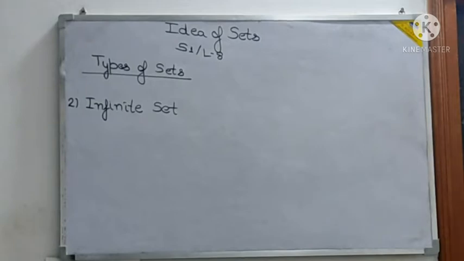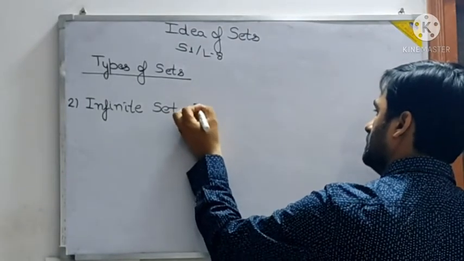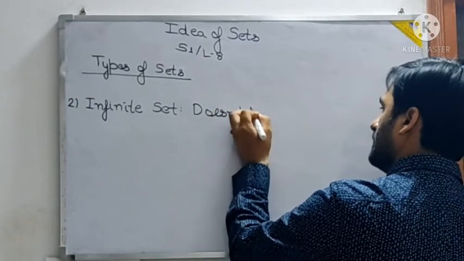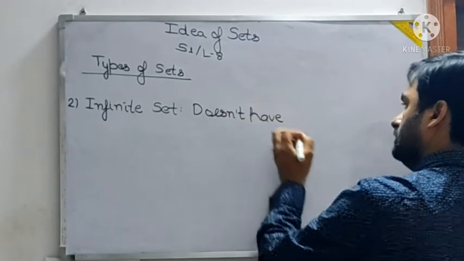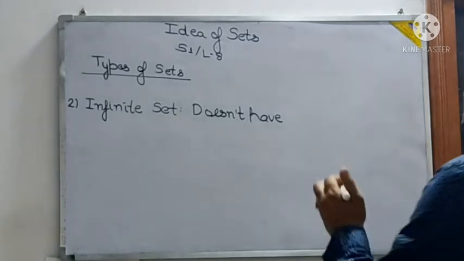Now infinite set means what? It doesn't have a fixed number of elements.